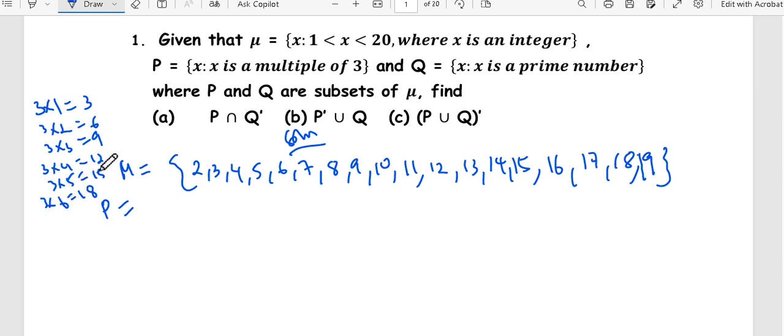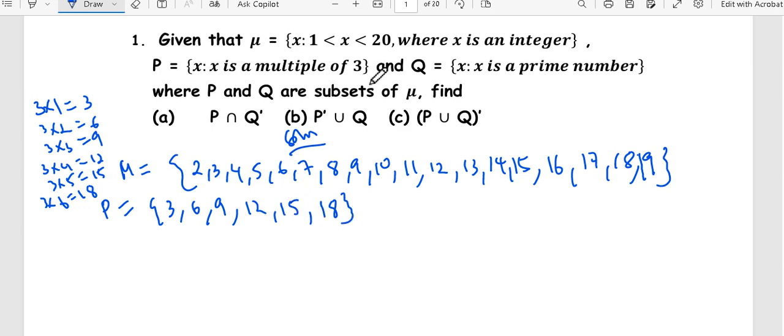Because our universal set starts from 2 to 19, the multiples of 3 have to be within this range. So it will be from 3 to 18. That means 3, 6, 9, 12, 15, and 18.